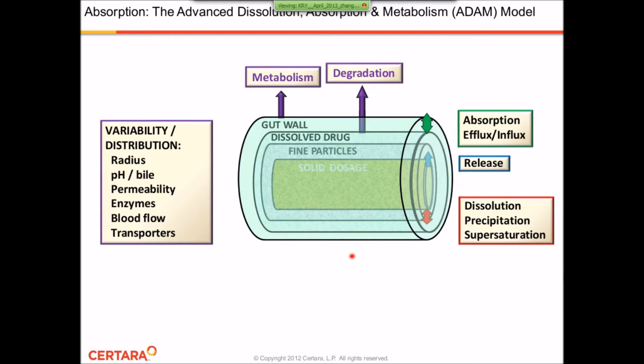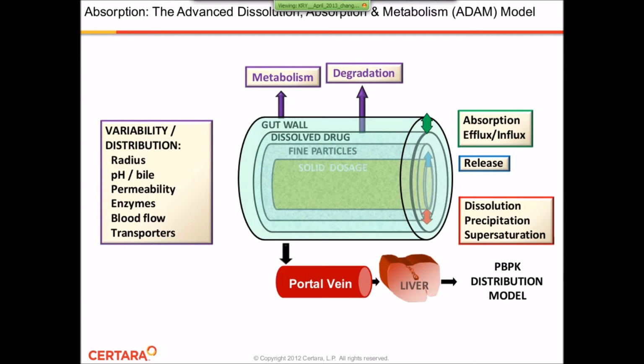So within the PBPK models and also the absorption model, specifically the ADAM model, we've got permeability limited models that can account for transporters and also metabolism within the organs as well. But importantly, as I said, we do consider variability where appropriate, because at the end of the day, what we're interested in is looking at true variability across the population and not just what happens in average man.